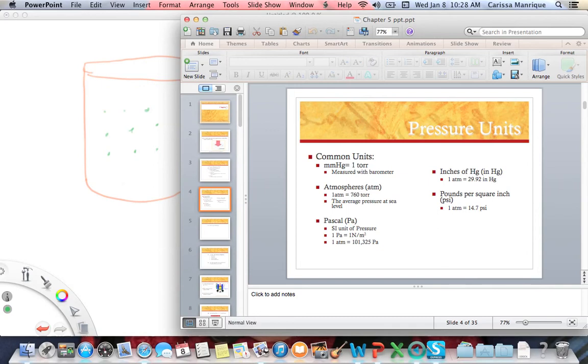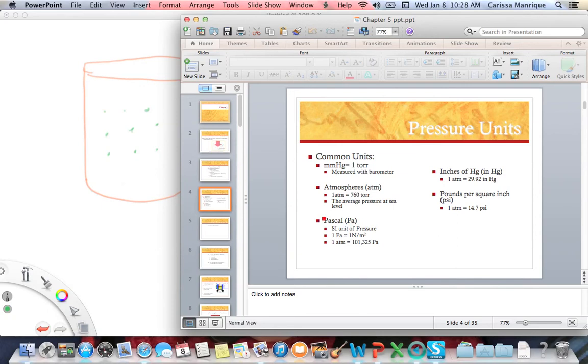Just kind of like, you can measure distance in inches and centimeters and meters and kilometers. Those are all units of distance, okay? And they'll mean essentially the same thing. Whatever you get for kilometers is going to be the same distance you get for millimeters, right? You just have it in a different unit. Anyway, so there's just different ways of expressing it.